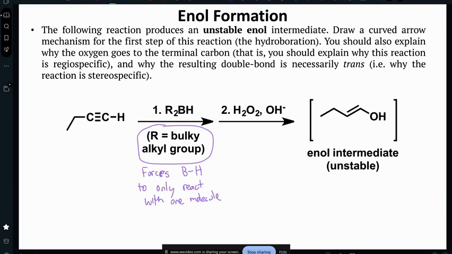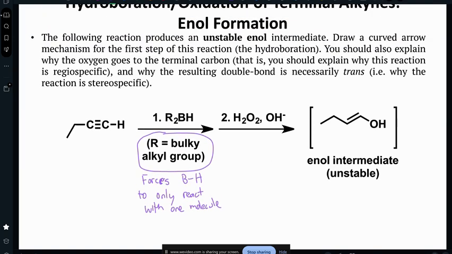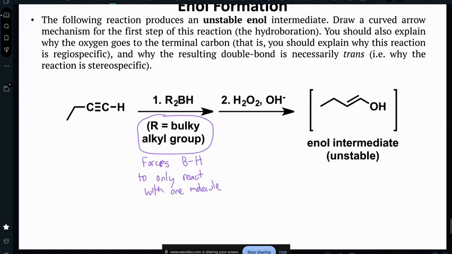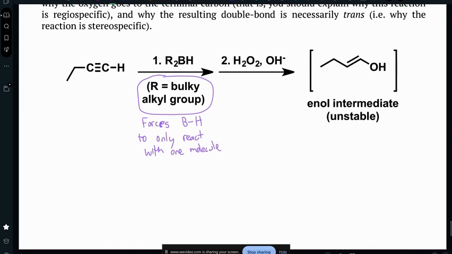Which, when we're dealing with an alkyne, that piece is important. So we use something similar to BH3, but with two bulky R groups on it. Other than that, the reagents look the same. It's going to add the OH to the less substituted carbon.